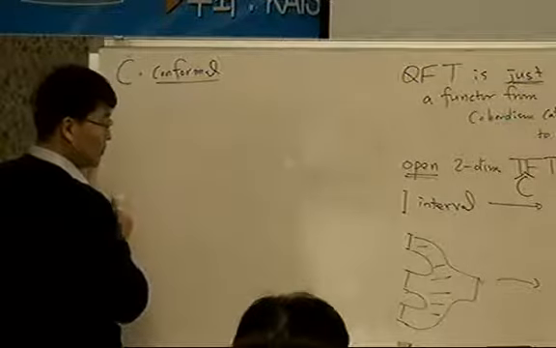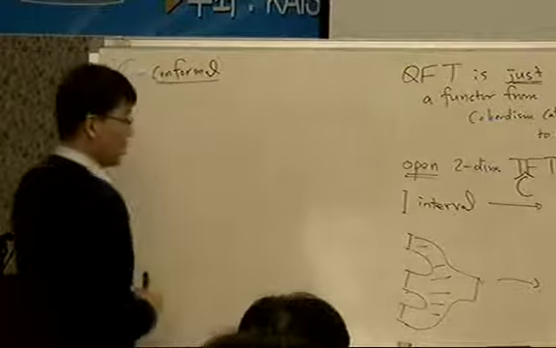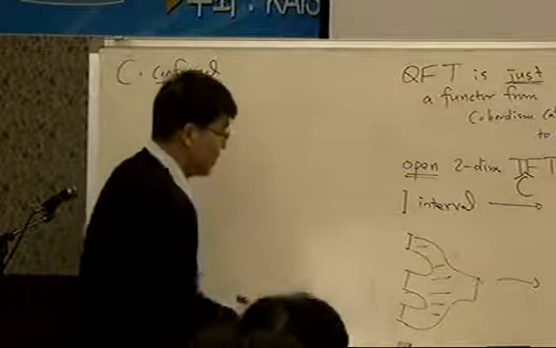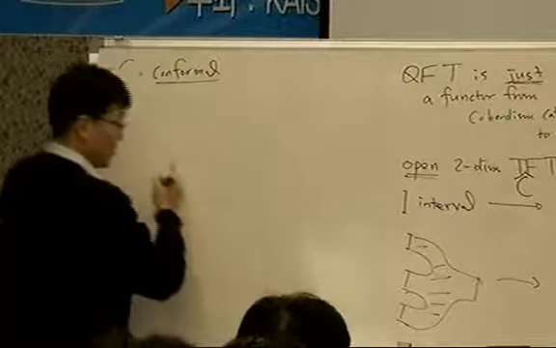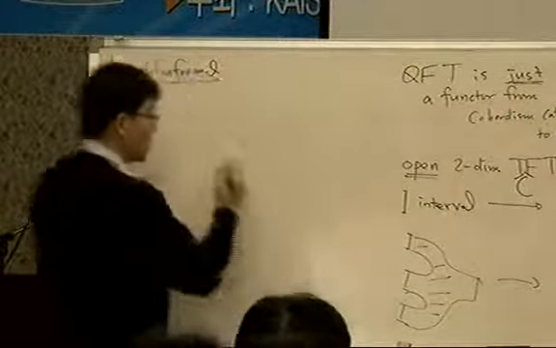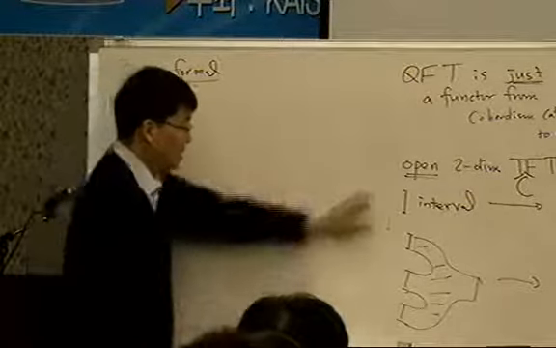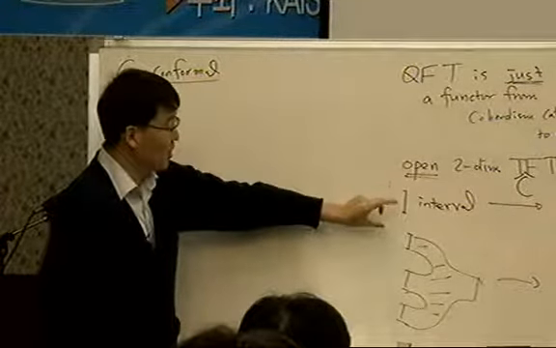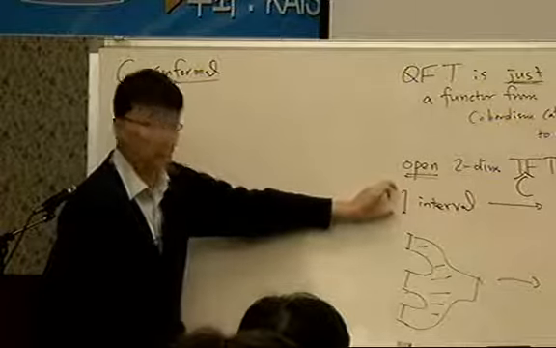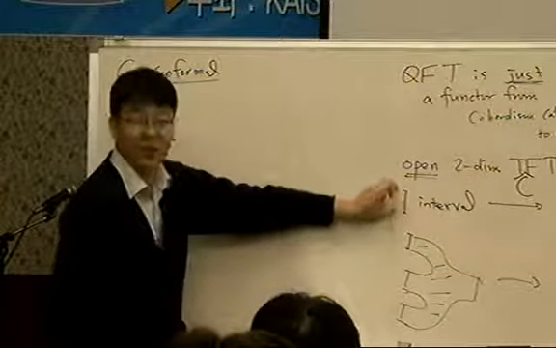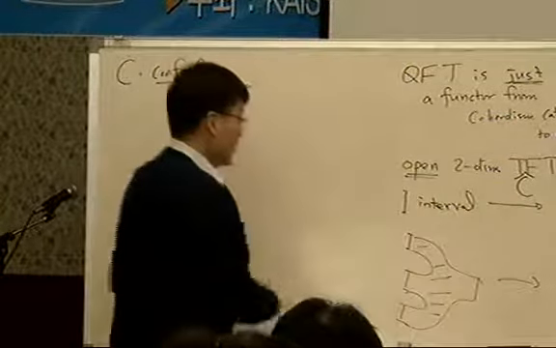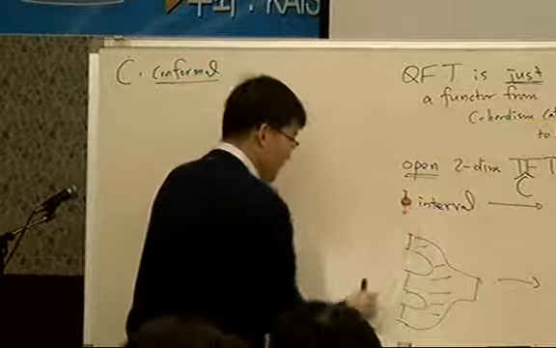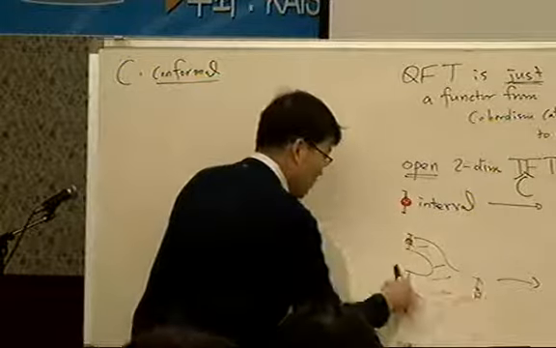So in this case, it's much better to just contract. This interval is some figure, some symbolic thing. It doesn't really mean interval. So we can just make it into a point, and all this into a point.